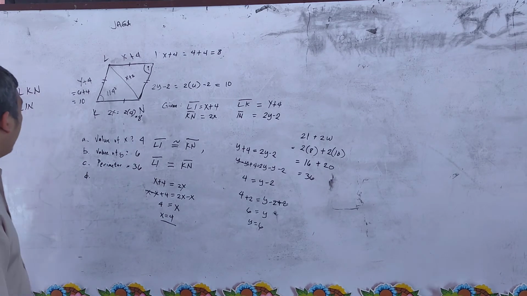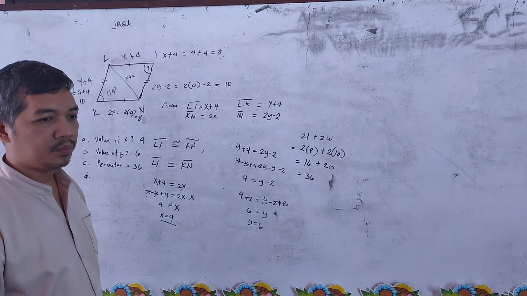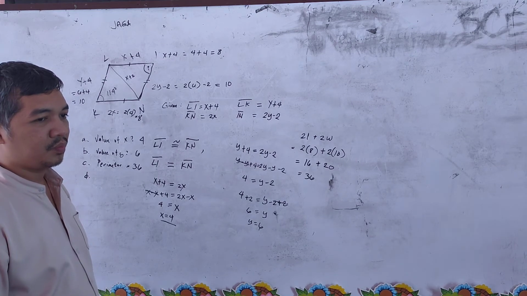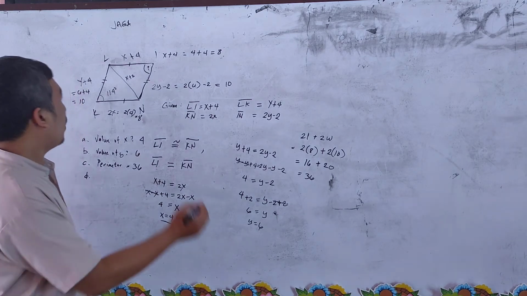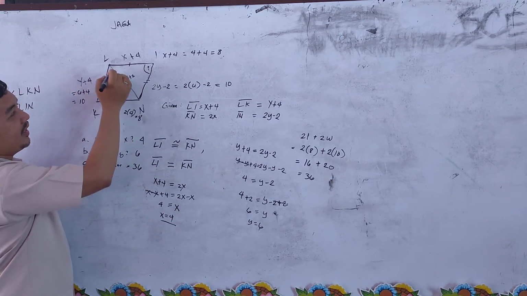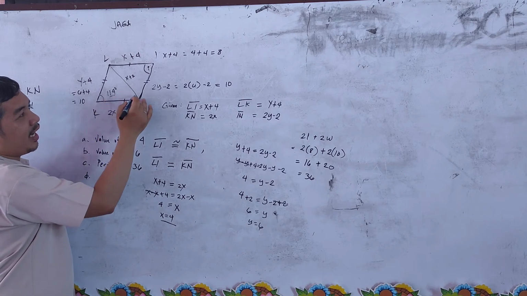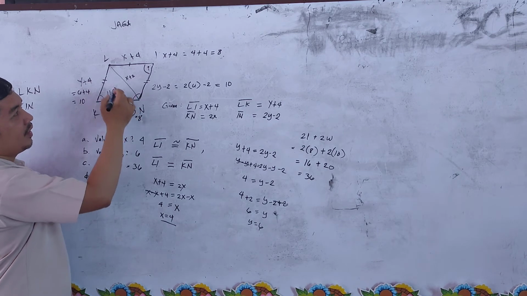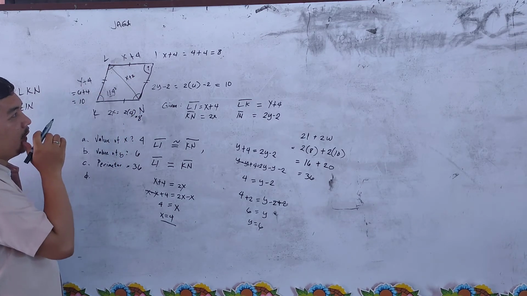Pag supplementary angle, ang total nito is 180 degrees. So, halimbawa, itong angle na to, pag sinama mo yung angle dito, ang total niya is 180 degrees. Itong angle na to, pag sinama natin dito, ang total niya is 180 degrees.